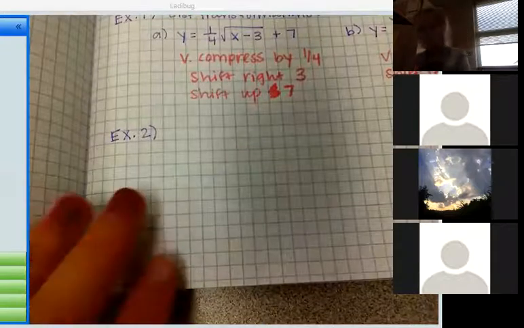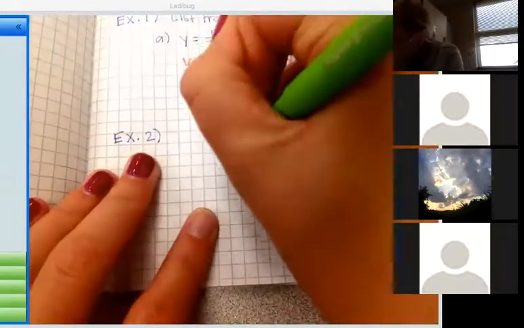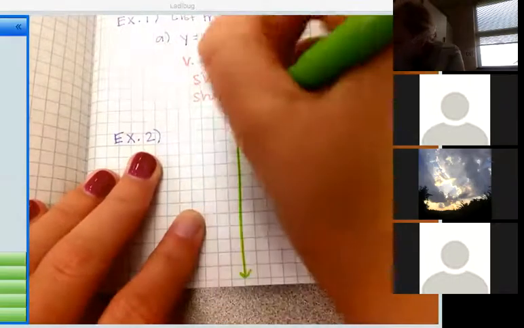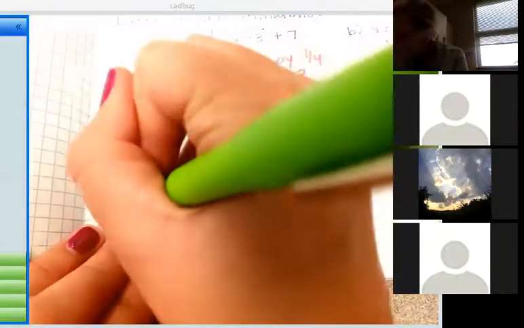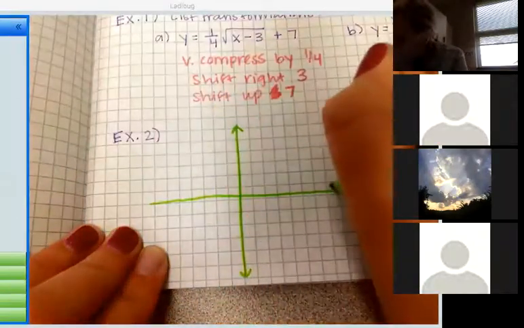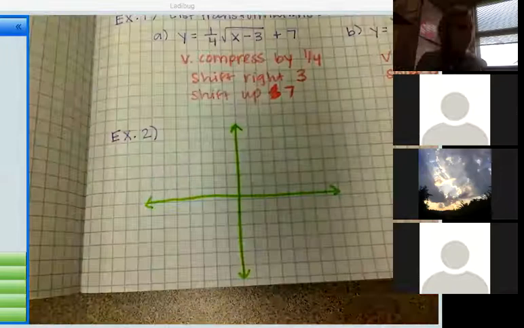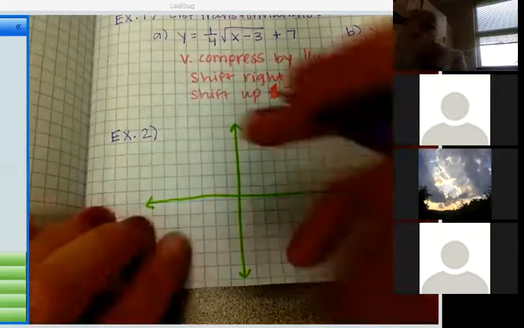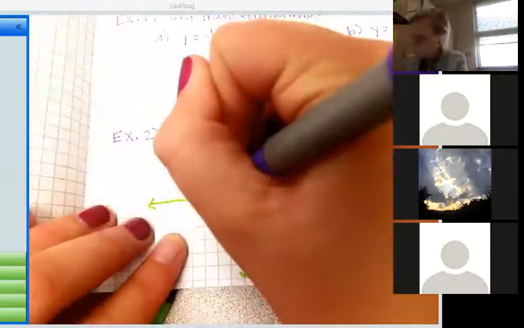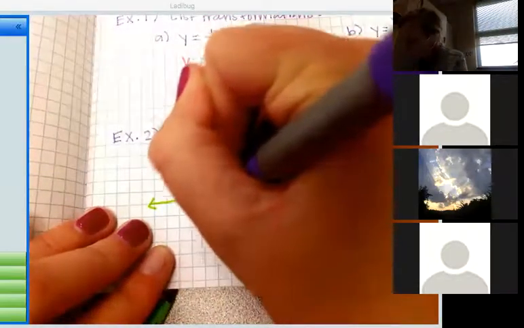So I want you guys to graph this with me. Make sure I give myself enough room. Ooh, that is crooked. I hate drawing. That is so ugly. Okay. So a point here. I'm really sorry my picture is not cute.